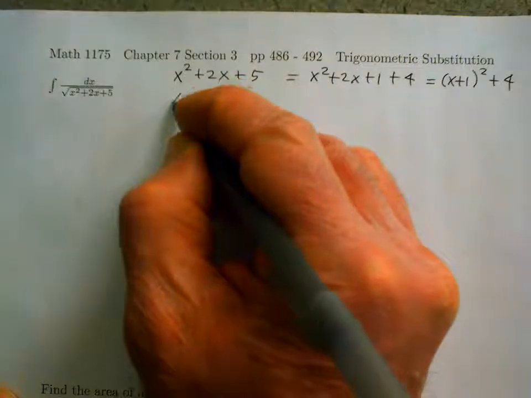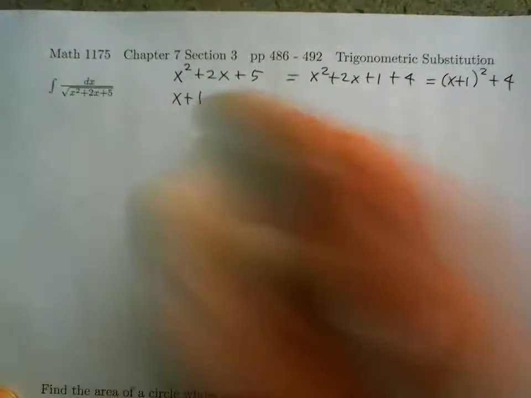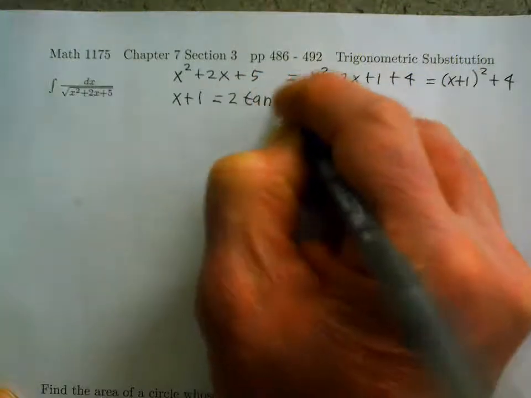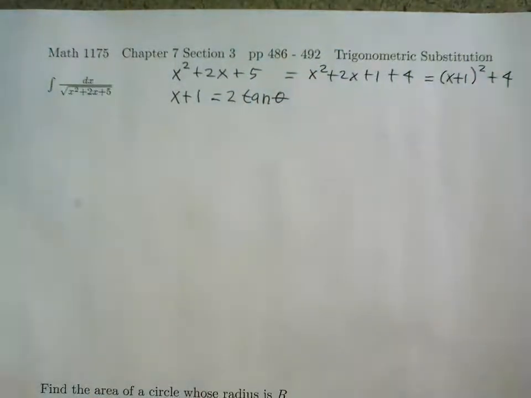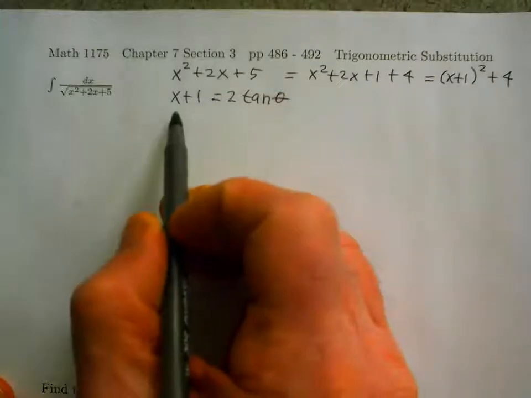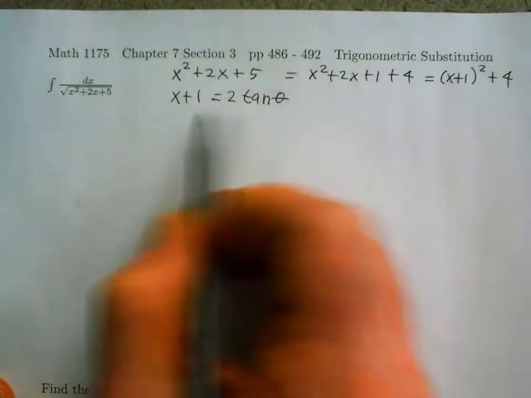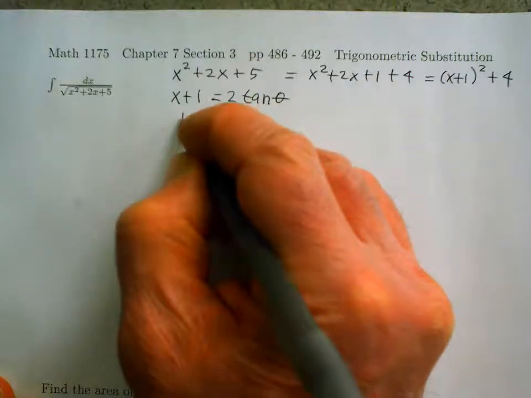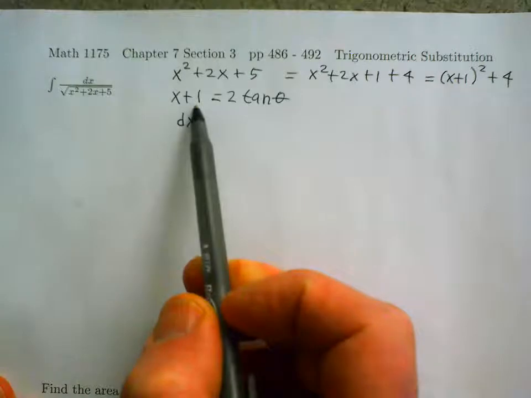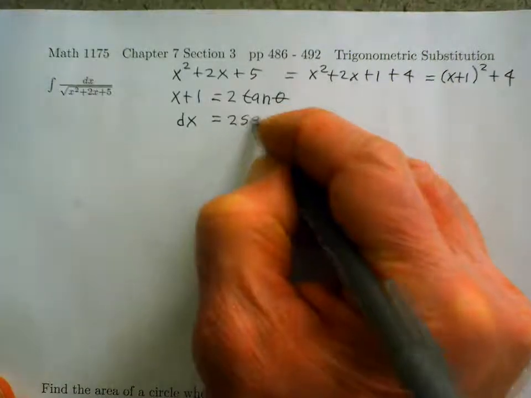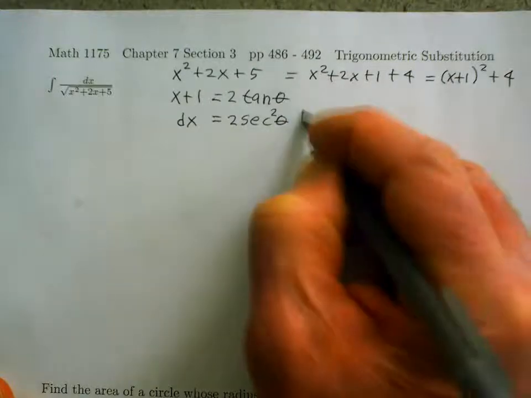We just assign x plus 1 to be 2 times tangent of theta. And when we take the derivative with respect to x, in terms of differentials, the left-hand side just becomes dx because the derivative of 1 is 0. And the right-hand side is 2 times secant of theta squared d theta.